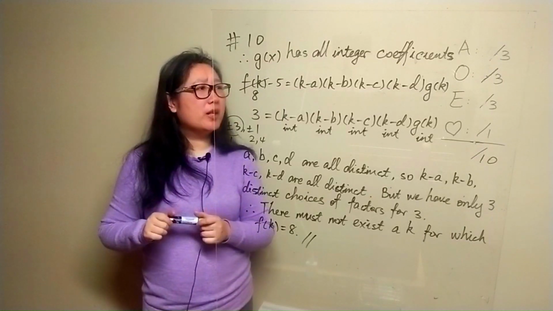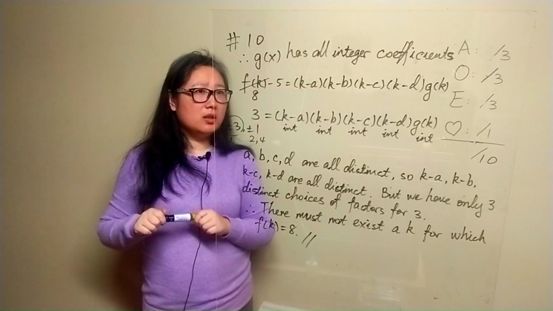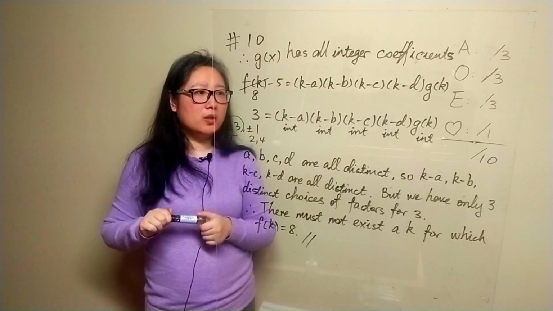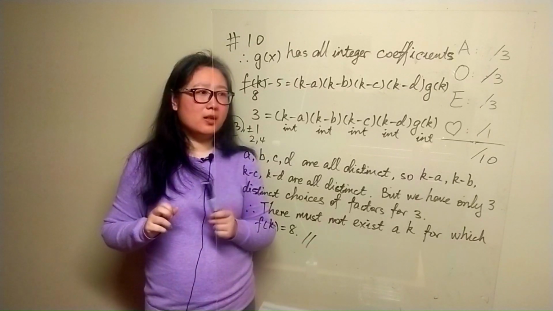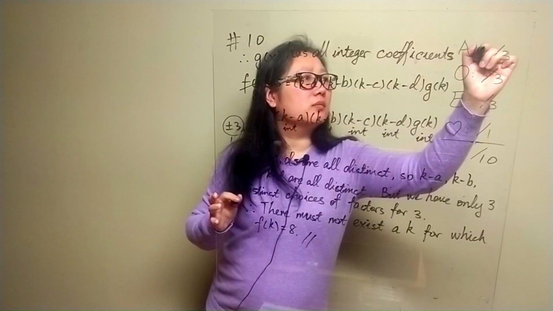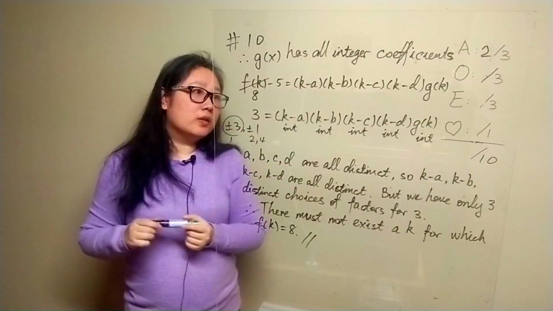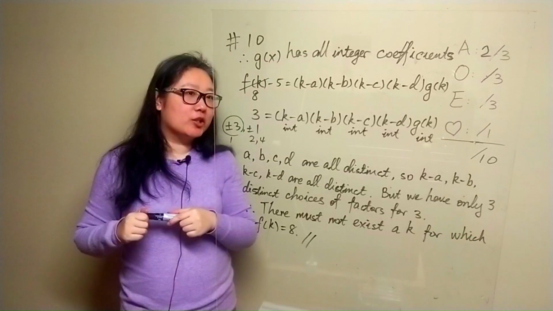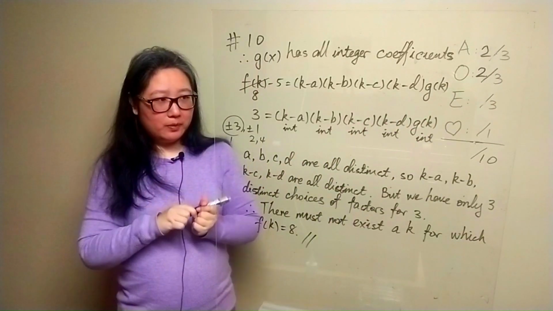Pretty good for number 10. Accessibility: you will need to be pretty familiar with polynomial division, long division, or at least the expansion. Grade 11-ish. Originality: this is pretty smart. 2 out of 3.